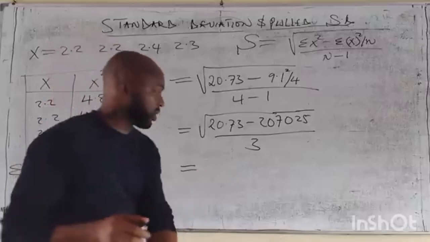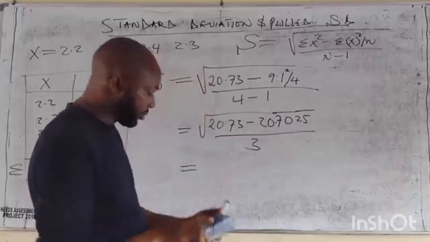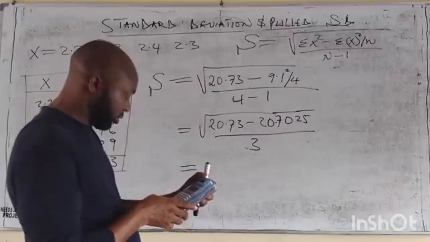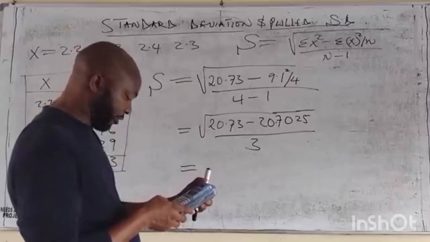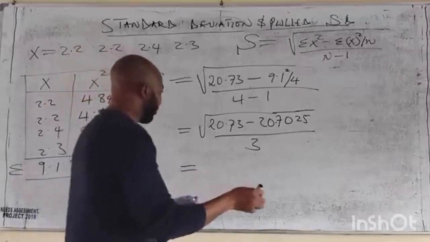Sorry, mistake here. 20.7025 is, the difference is 0.0275.